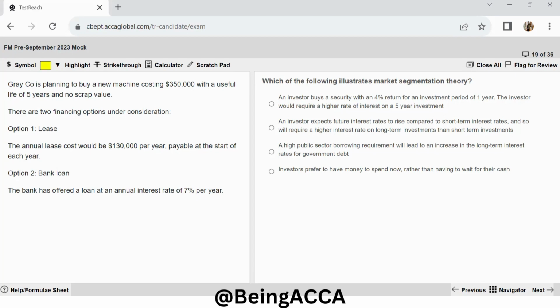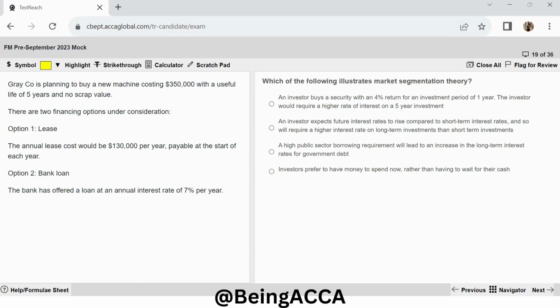According to the market segmentation theory, investors will tend to invest in set markets with little movement into other markets, right? This also is the reason why interest rates are different for short term loans and for long term loans, since long term involves setting your money away from you for a longer period of time, so definitely there's a difference in interest rates demanded in short term versus long term loans.